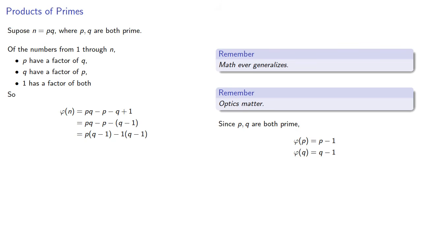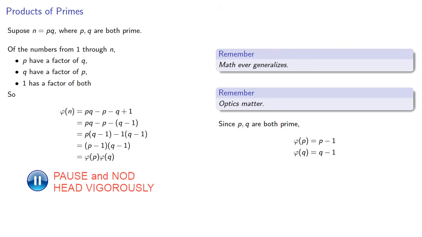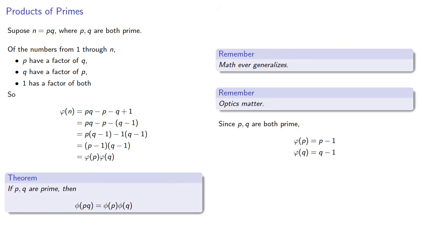And notice that we can factor q minus 1 out and get phi of p times phi of q. And so that gives us our theorem. If p and q are prime, then phi of the product is the product of phi of p and phi of q.